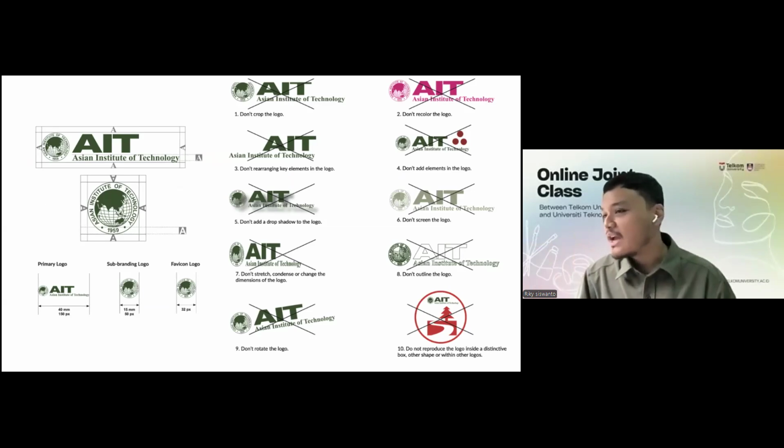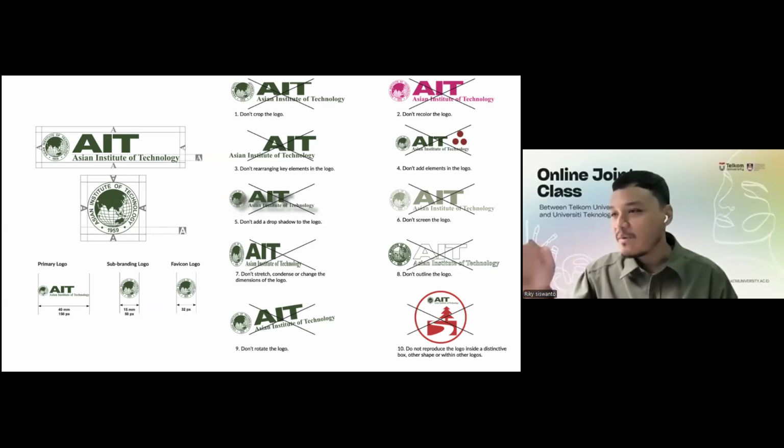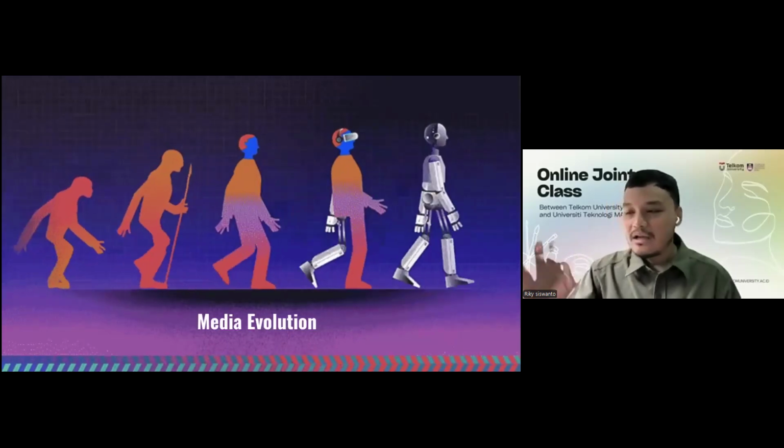So this is what we used to have. We're giving the X mark, so people won't use our logo in the wrong direction. Yeah, so there are so many rules. Creating a logo is like creating rules, but there are some things that change since the digital era emerged.